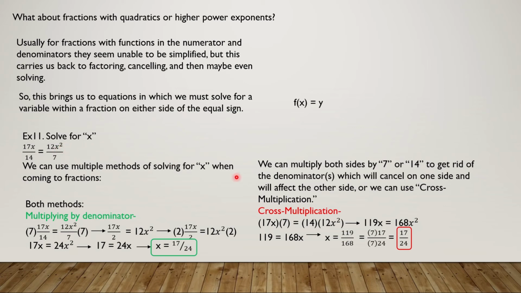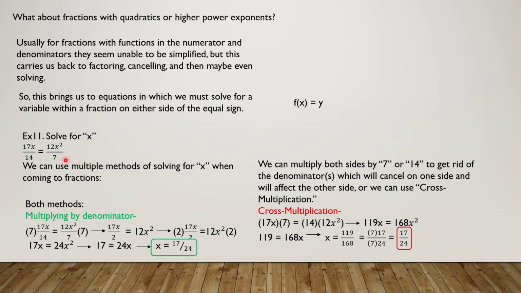What we can try to do is actually use two different methods for this. One way to solve for this is by multiplying by the denominator on both sides in order to get rid of the fractions. There's another way in which, if there's one term of a fraction on one side and another one on the right side, you can use something called cross multiplication.